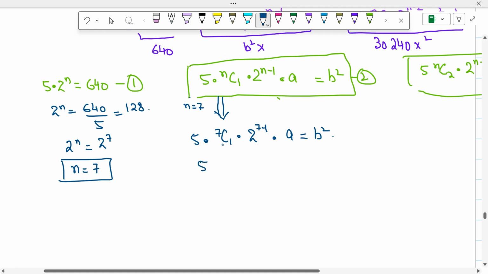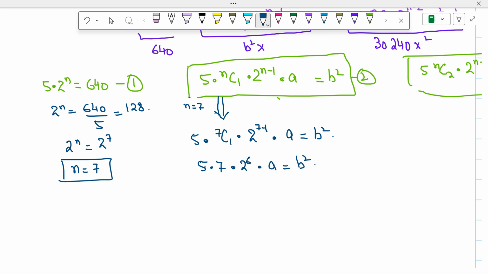So 7 combination 1 is 7, and 2^6 times a is equal to b². When we solve these values, it is 2240a is equal to b². This is equation 3.